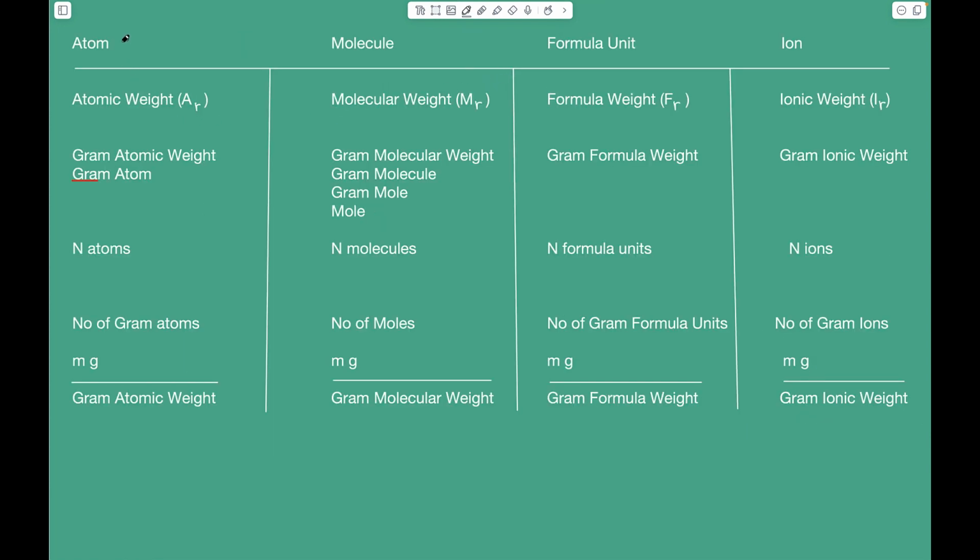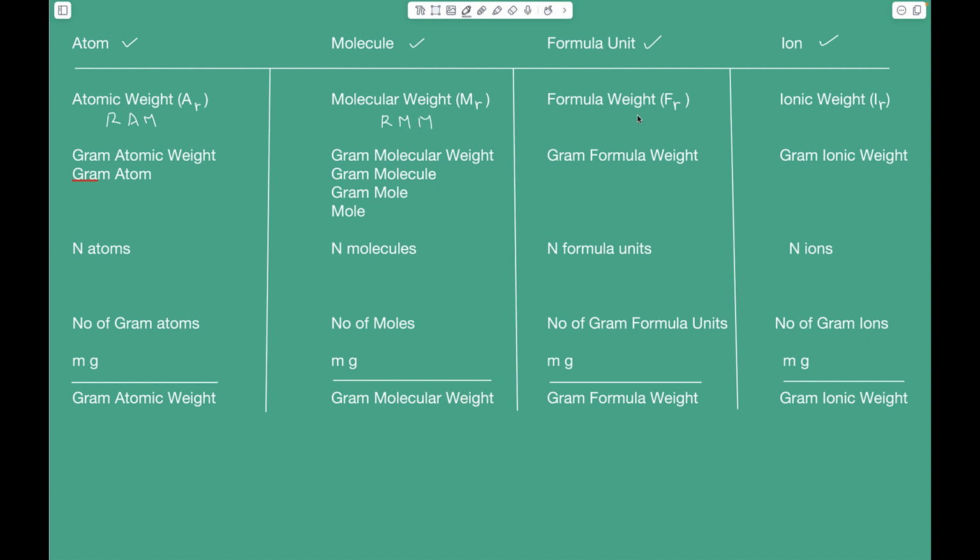In chemical reactions, we generally come across atoms, molecules, and ions, and the formula of an ionic compound is called its formula unit. And for an atom, we have defined something called its atomic weight, also known as relative atomic mass. And for a molecule, molecular weight, also known as relative molecular mass.